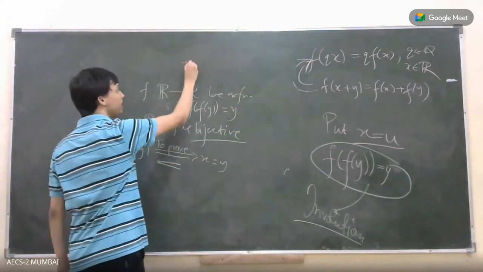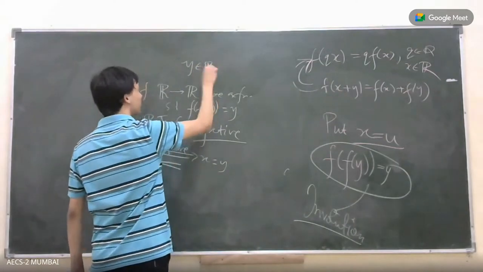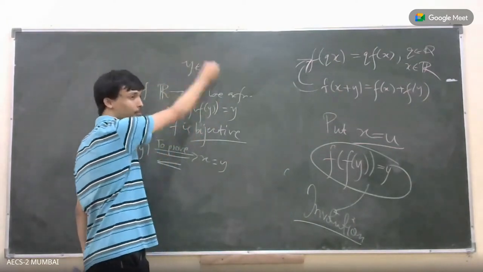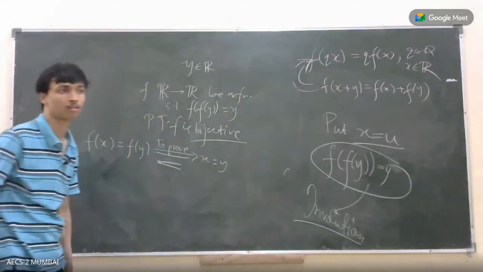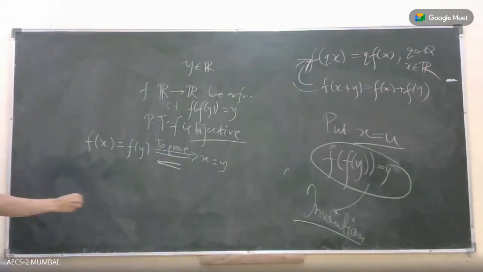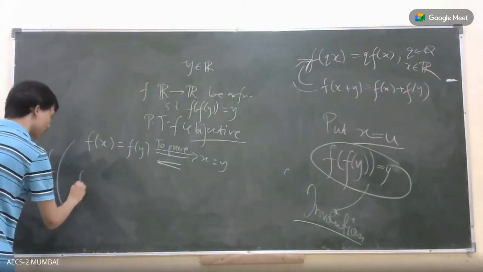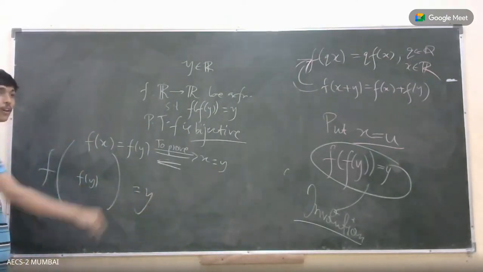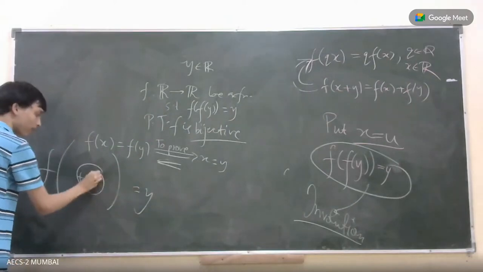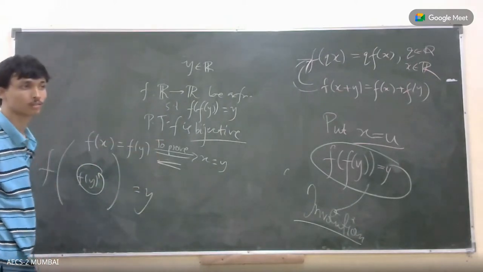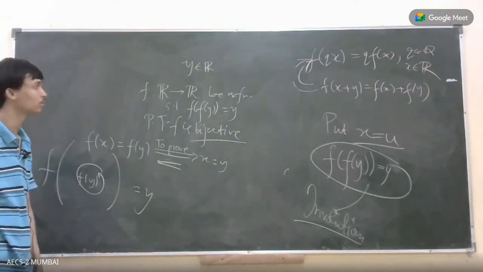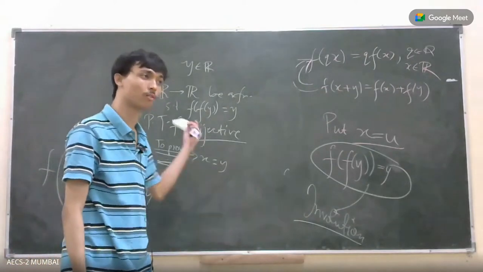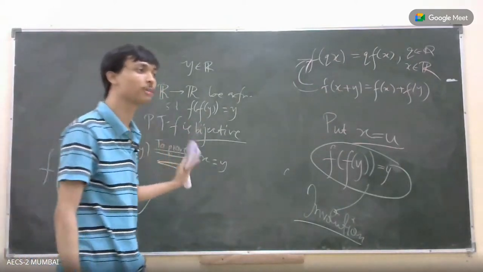So let y be any real number. Can you tell me a number here which gets mapped to y? f of y, right? f of f of y equals y, right? So for every real number y, f of y gets mapped to y. So f is surjective also, which means that f is bijective.